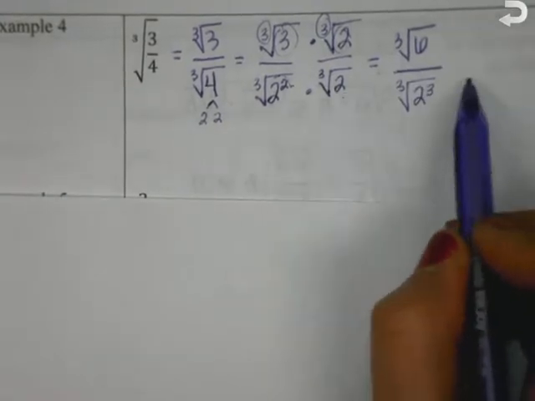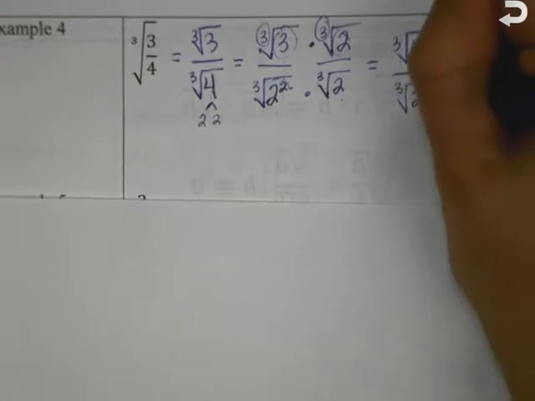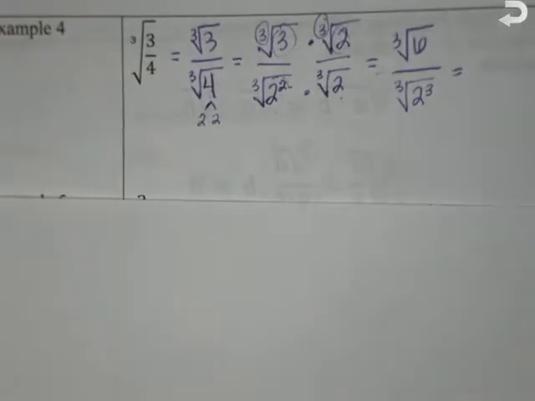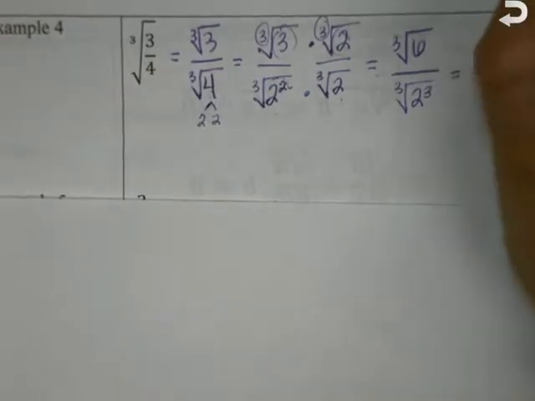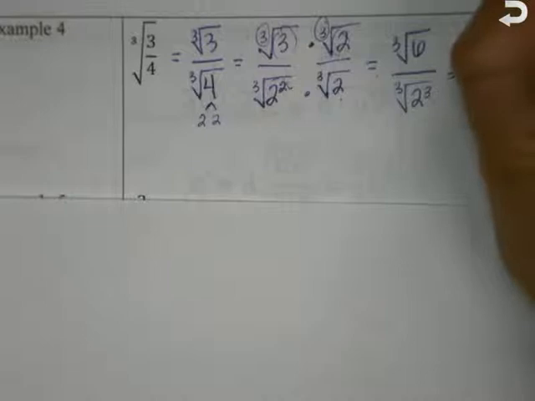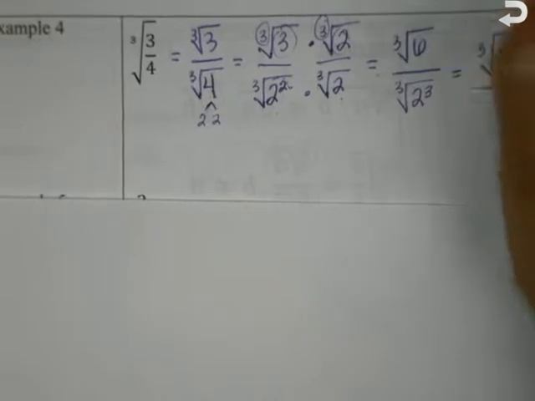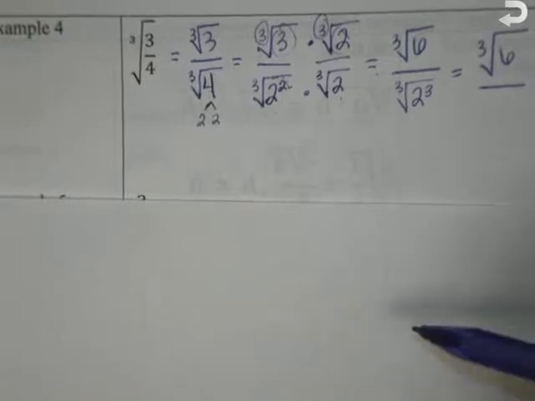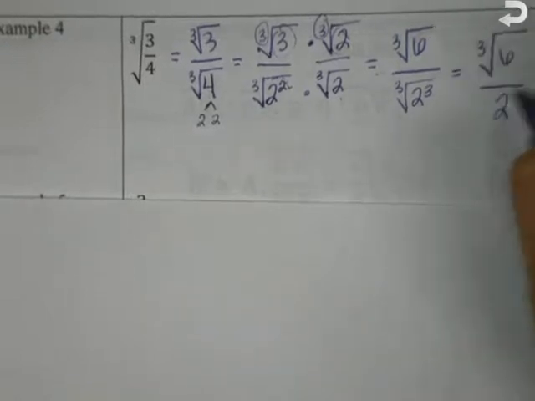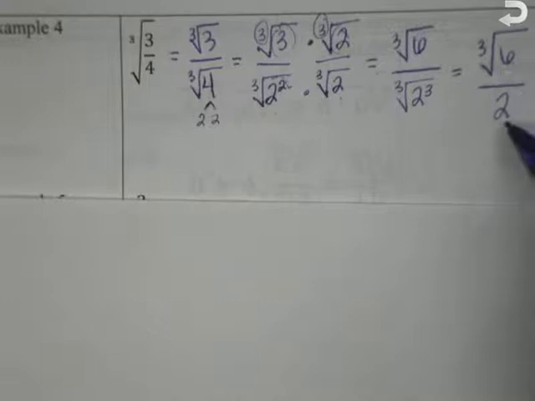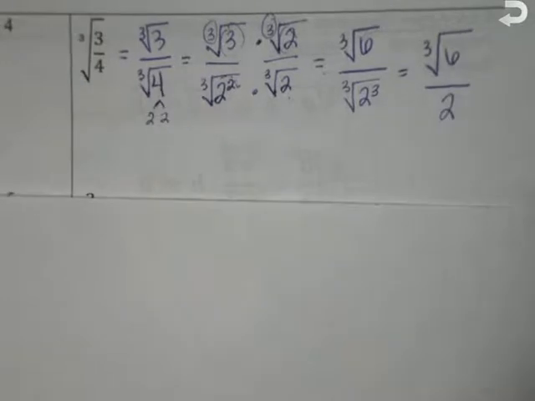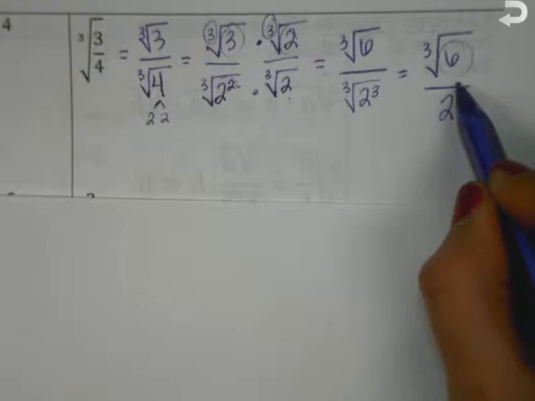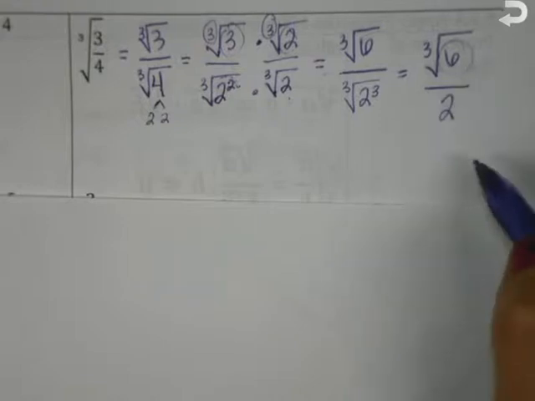The cube root of 6 can't simplify at all, so it is the cube root of 6 all over, what's the cube root of 2 to the third? 2. Can I reduce 6 and 2? No. 6 is inside the radical, so it cannot be reduced by 2. 2 is an integer, 6 is not. So this is our answer.